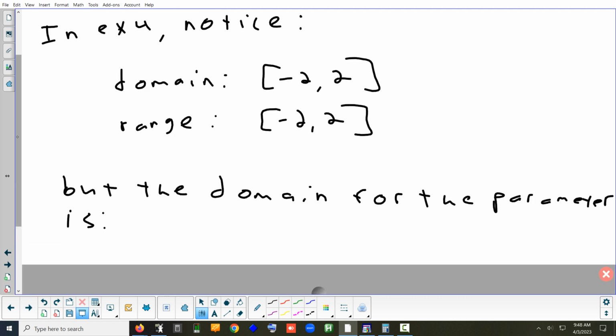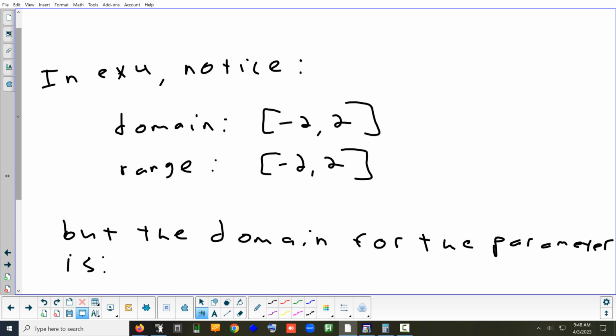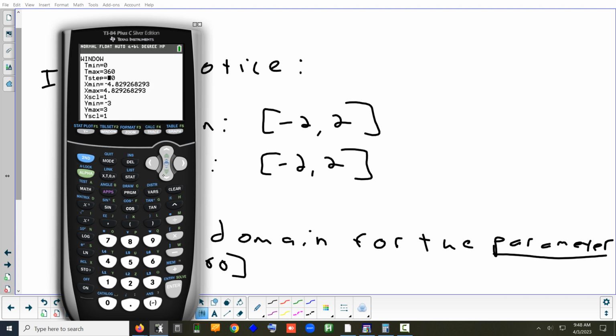So when we set our window, the circle only went from -2 to 2 and -2 to 2. But what did the parameter have to go from so we got a full circle? Yeah? 0 to 360. It had to go 0 to 360. Watch what happens if you don't go 0 to 360.